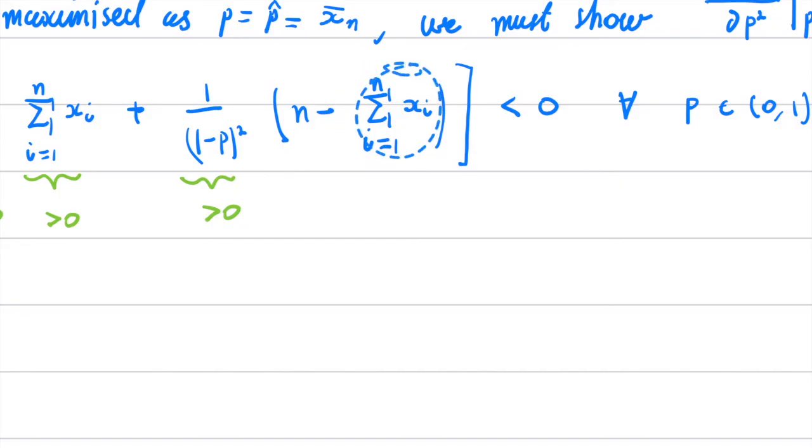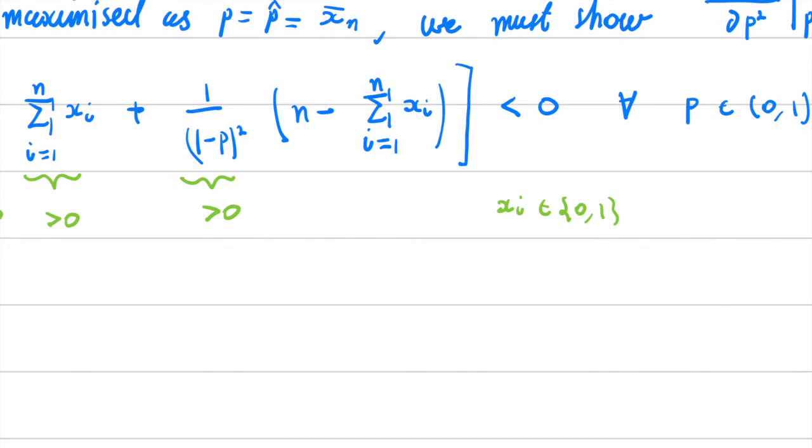And this expression here, well, we know that the sum of Bernoulli trials, in this case, is less than n. So what do I mean? Because, remember, xi can only take values between 0 and 1, then at the absolute maximum, the maximum value that this could potentially be is the sum of 1s, so all xi's are 1, and so the absolute minimum the whole thing could be is n minus n, which is 0.